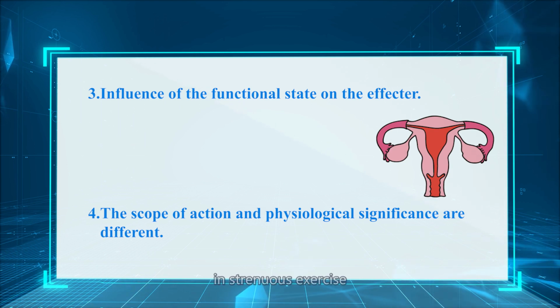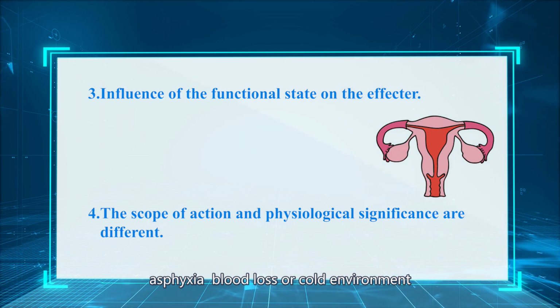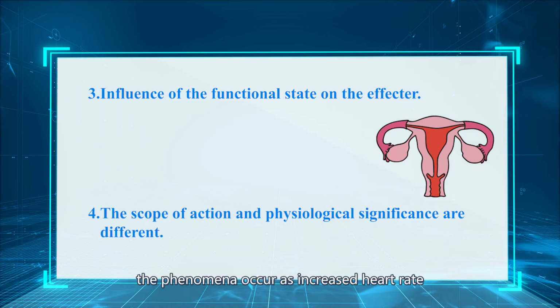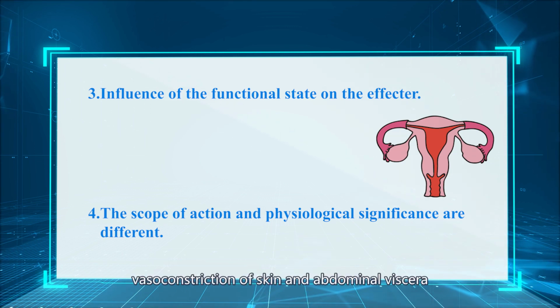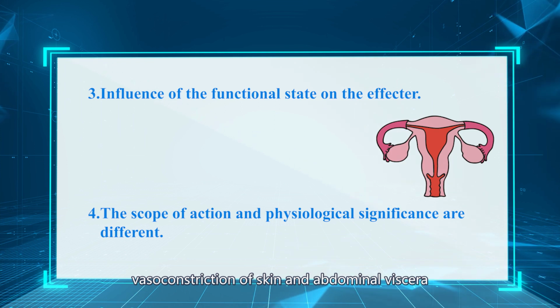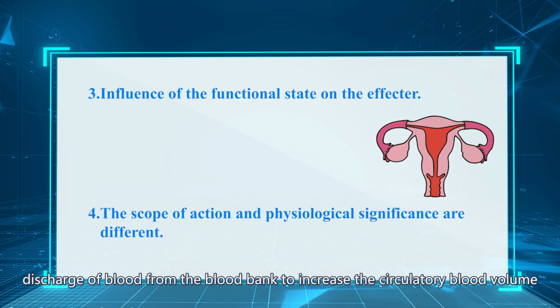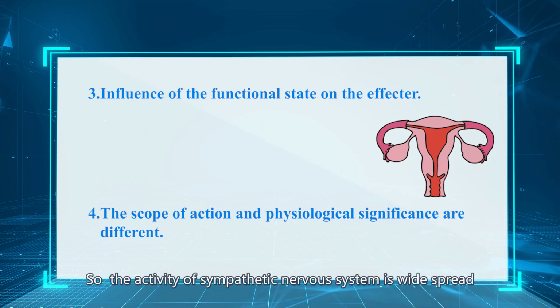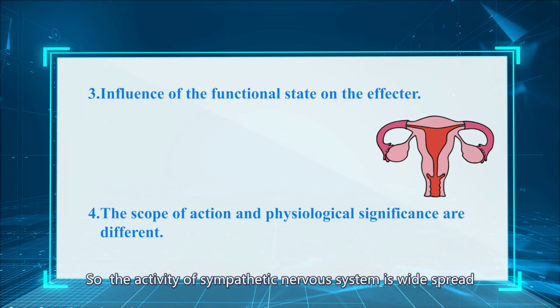For example, in strenuous exercise, asphyxia, blood loss, or cold environment, the phenomena occur as increased heart rate, vasoconstriction of skin and abdominal vessels, and discharge of blood from the blood bank to increase the circulatory blood volume. So the activity of the sympathetic nervous system is widespread.